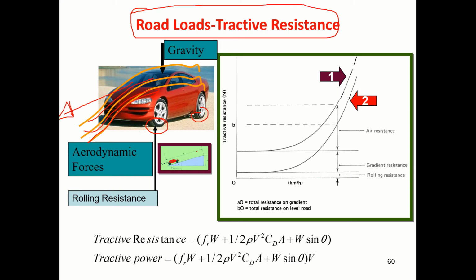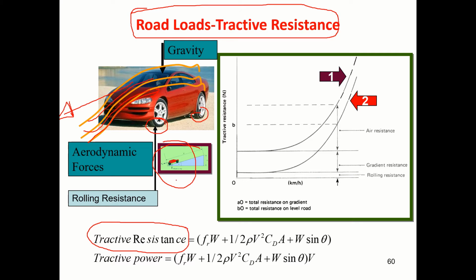But if you come across a gradient, then there will be a gradient resistance. Basically, these are the three resistances that resist the motion of a vehicle. These resistances we call tractive resistance.